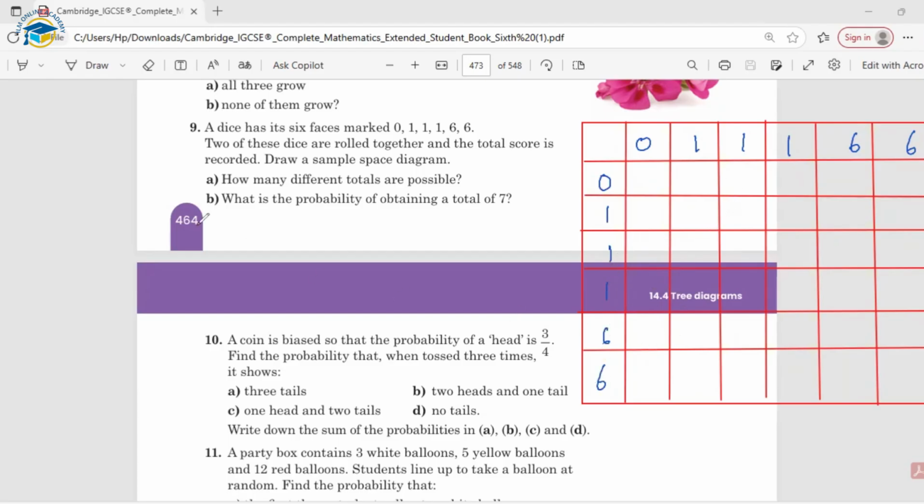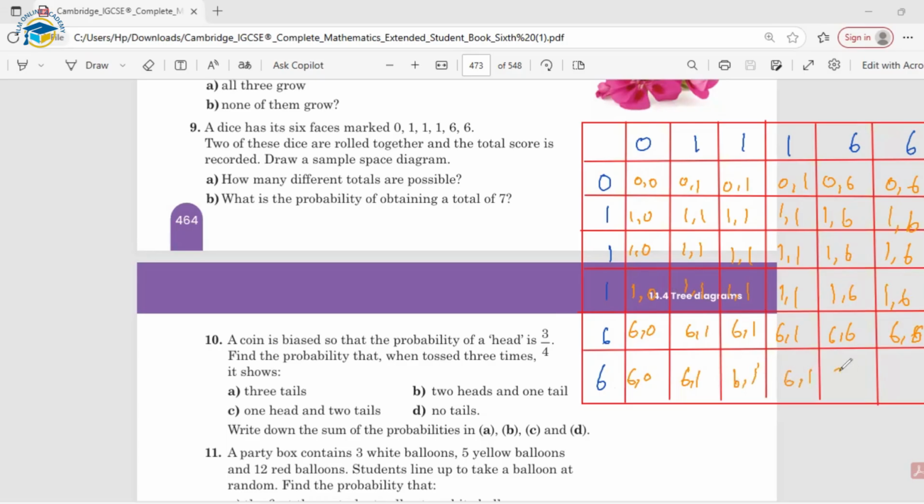Because here we have the possibilities according to this, so we will write this. So 0, 0, 0, 1, 0, 1, 0, 1, 0, 6, 0, 6. Next, 1, 0, 1, 1, 1, 1, 1, 1, 1, 6, 1, 6, and the same for the remaining rows, then 6, 0, 6, 1, 6, 1, 6, 1, 6, 6, 6, 6.